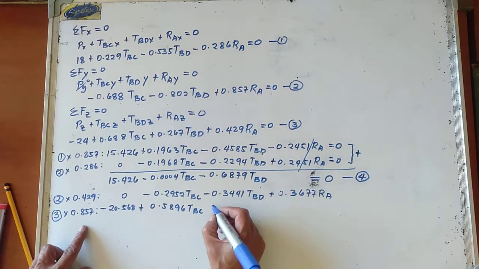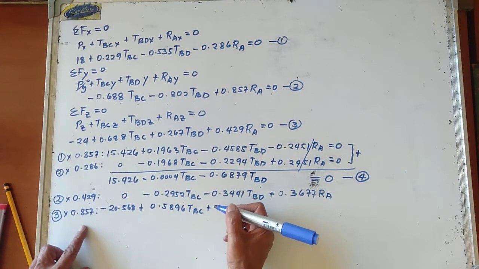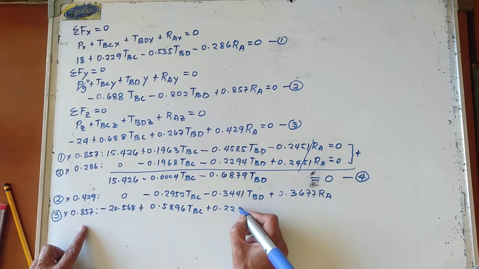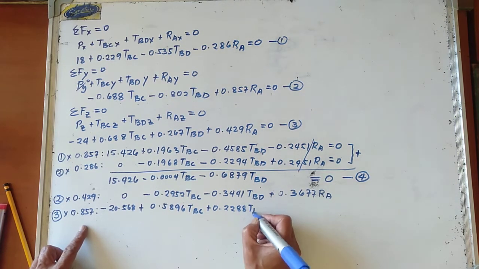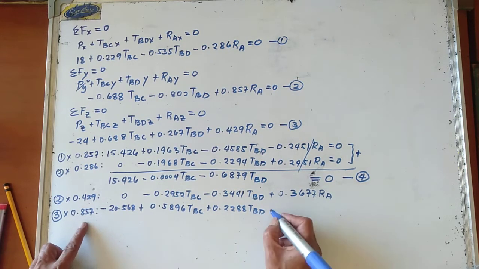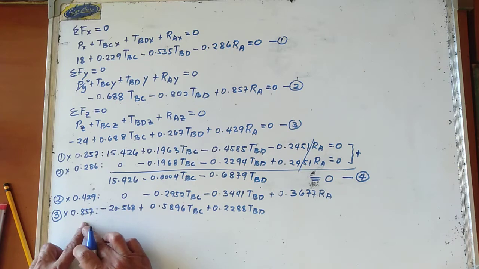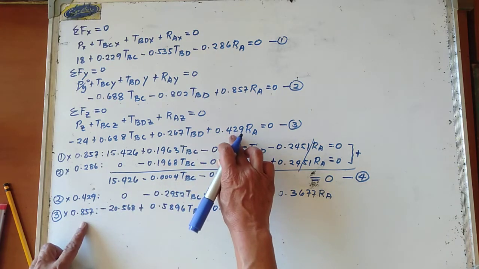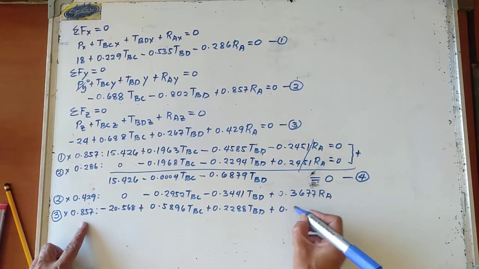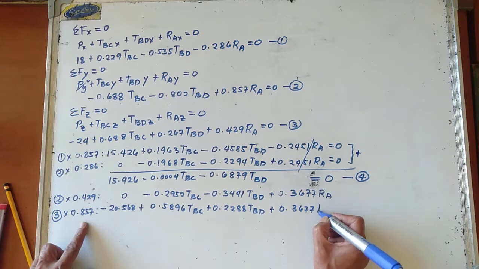So it is plus 0.2288 T sub BD. And then 0.857 by 0.429 is positive 0.3677 RA.